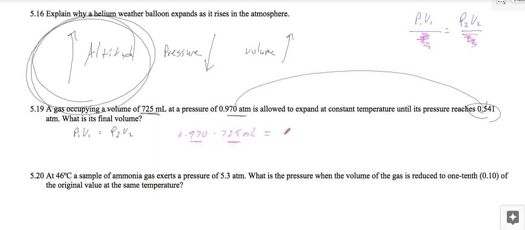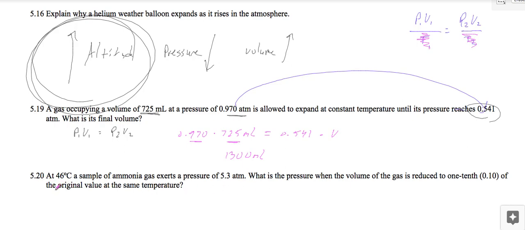All right, we have then 0.541 atmospheres on the other side, and then we can solve for our volume. Now, when we do it this way, that means that our answer has to be in the same unit as what we started with. So our answer is going to be in milliliters. We end up with a value of 1,300 milliliters.